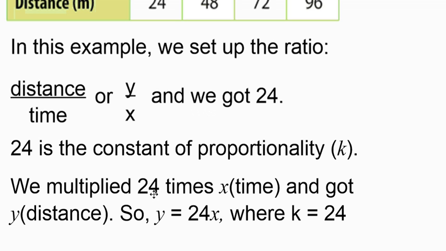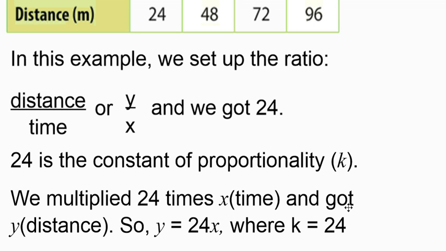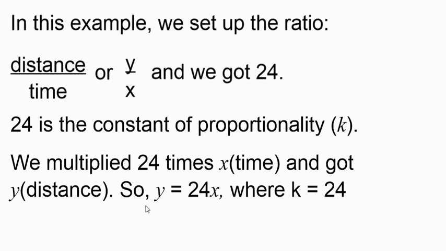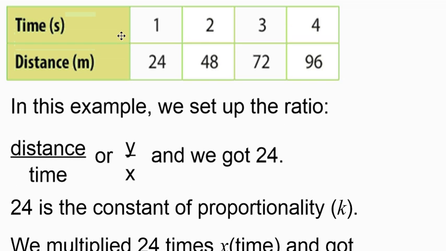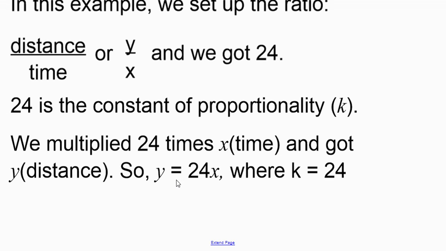So we multiplied 24 times the time and got the distance. So our equation is y equals 24x, where k equals 24. Okay, so in the form y equals kx, k is the number you multiplied this number by to get these numbers. And we get that number by setting up the ratios.